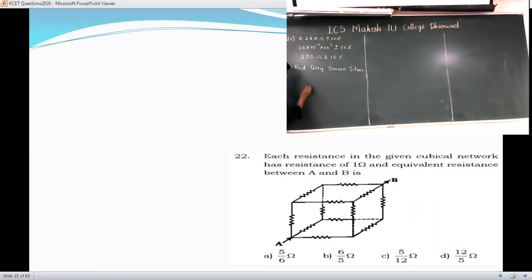They have taken the cube, and each edge has a 1 ohm resistor. This is a very important question, and it has been asked many times. I will just draw that one. These types of questions are solved by using symmetry.